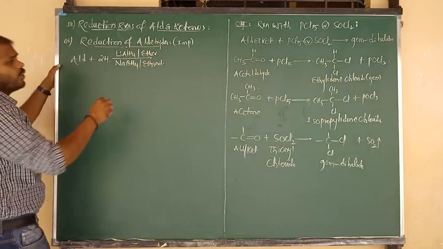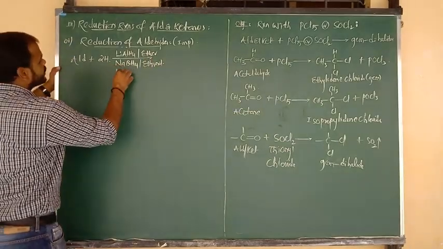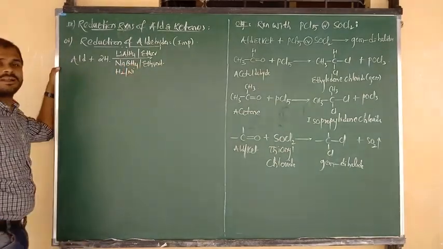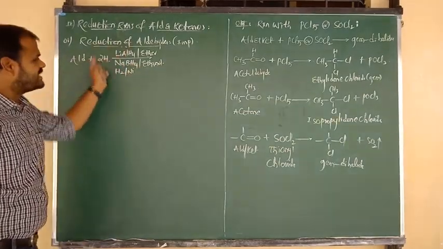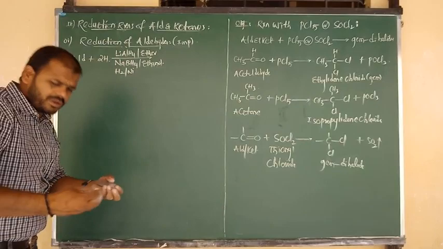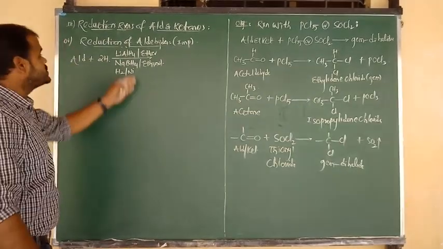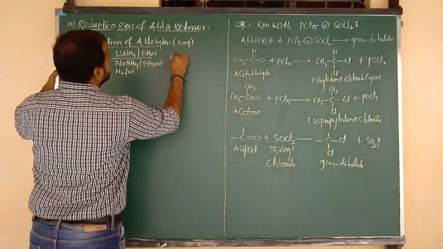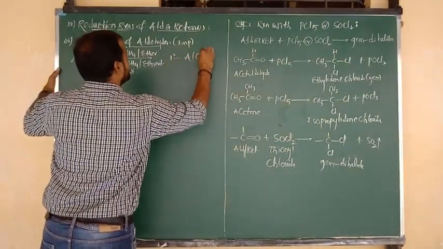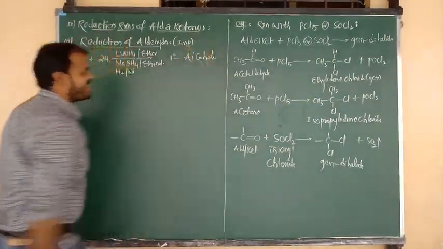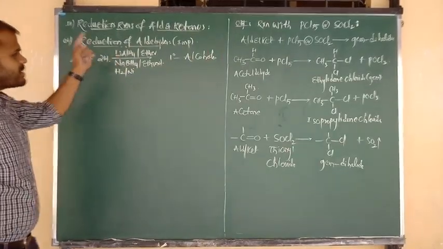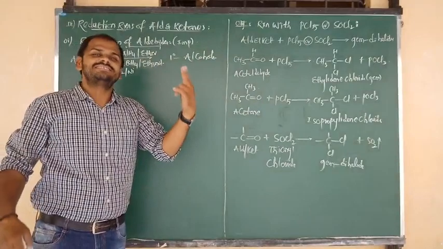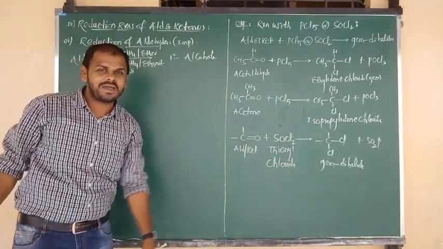Otherwise simply you can do catalytic hydrogenation, addition of H2 in the presence of nickel, platinum or palladium. In the presence of these reducing agents, aldehydes change into primary alcohols. Aldehydes upon reduction give primary alcohols, ketones upon reduction give secondary alcohols.